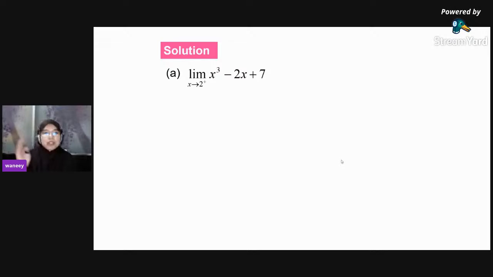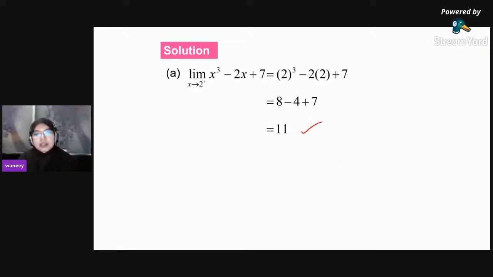Basically we're going to substitute the value of x with 2. So we get 2 cubed minus 2 times 2 plus 7. So we got 8 minus 4 plus 7. 8 minus 4 is 4, 4 plus 7 is equal to 11. Very good, we got 11 over there.